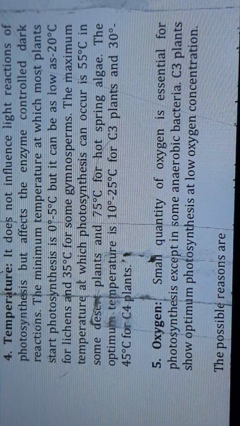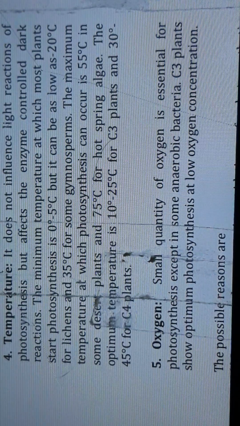It does not influence light reactions of photosynthesis, but affects enzyme-controlled dark reactions. The minimum temperature at which most plants start photosynthesis is 0 to 5 degrees centigrade, but it can be as low as minus 20 degrees centigrade for lichens and minus 35 degrees centigrade for some gymnosperms.